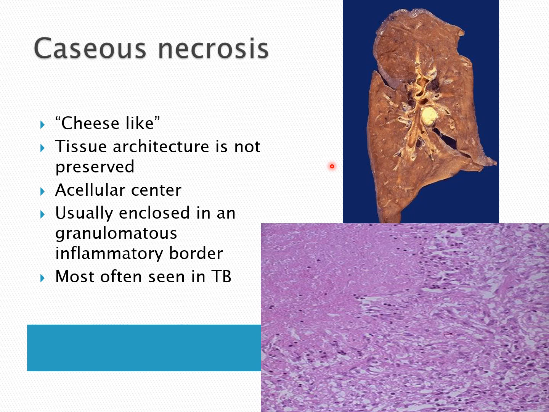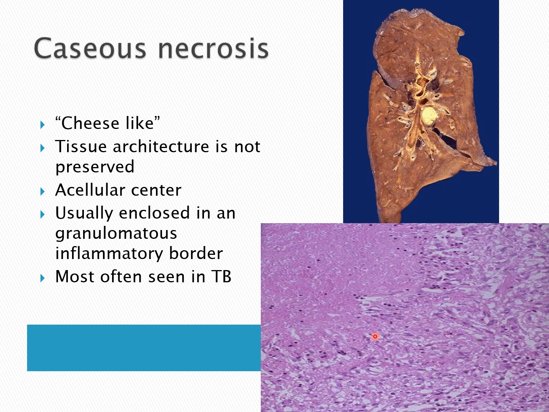It is completely lost. It is characterized by a center that is acellular with cellular debris that is pinkish or eosinophilic, surrounded by macrophages, inflammatory cells and multinucleated giant cells. We call this structure a granuloma.